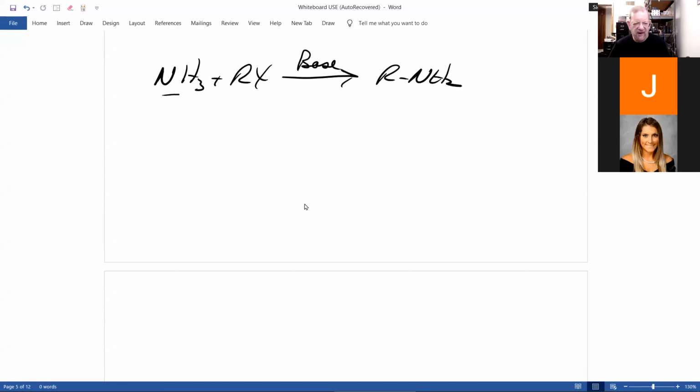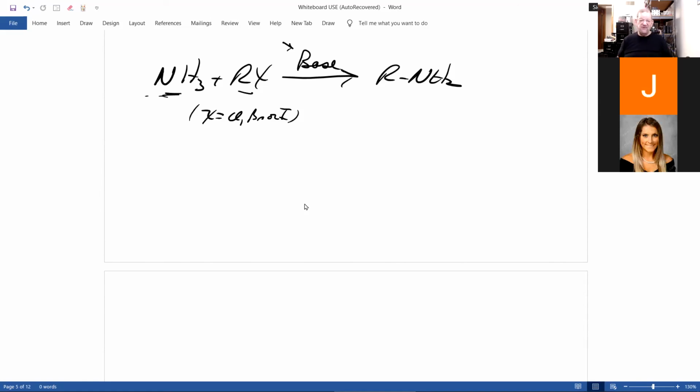If you take ammonia and react it with an alkyl halide, X here is chlorine, bromine, or iodine. Hopefully you're not having nightmares hearing me say that, but you say it enough in organic. If you react the two together, one of the side products of this reaction is HX, an acid. There's a reason you don't want acids around.